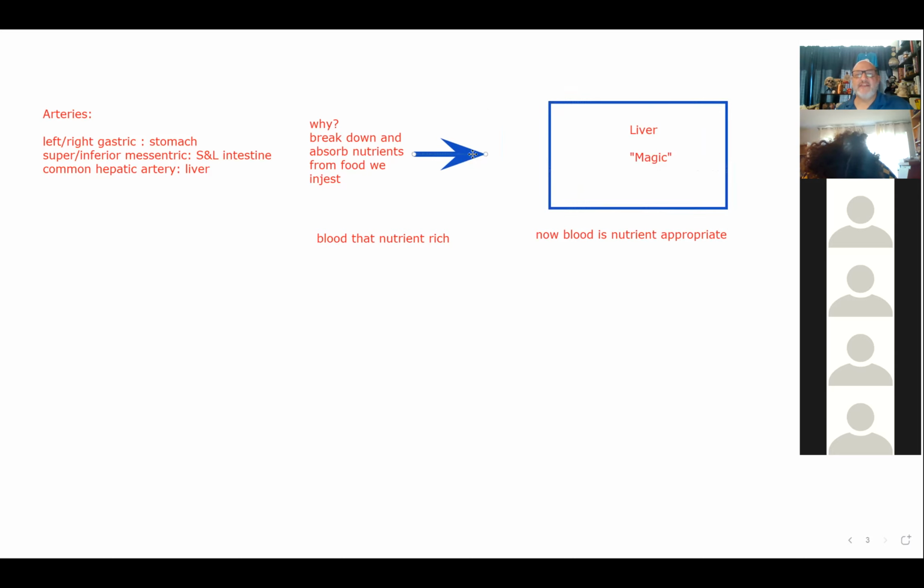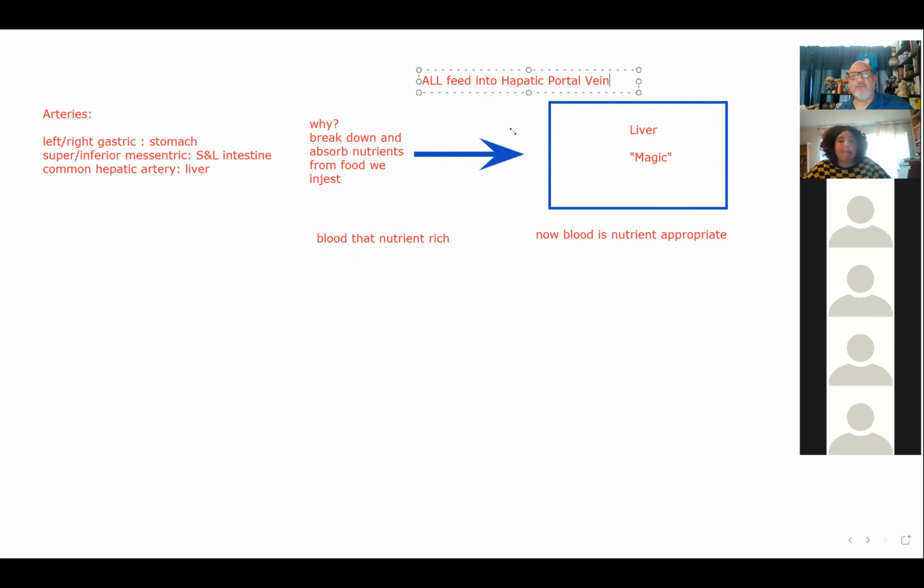And the way it gets there, all of these structures feed into veins. The gastric arteries feed into gastric veins. The mesenteric arteries feed into mesenteric veins, but all of them feed into the hepatic portal vein.